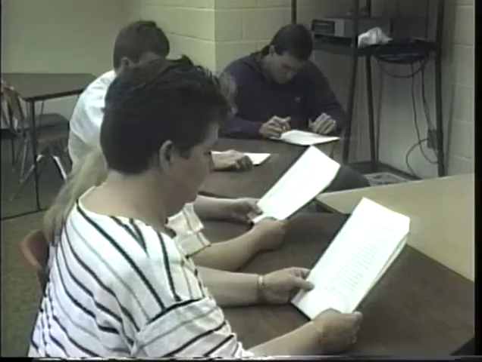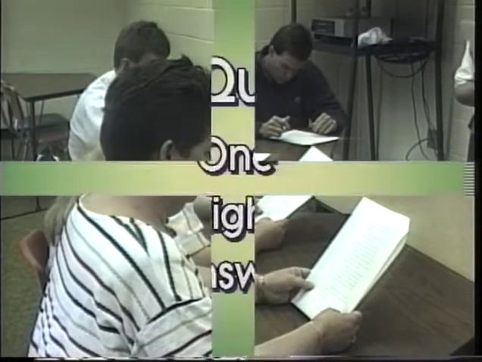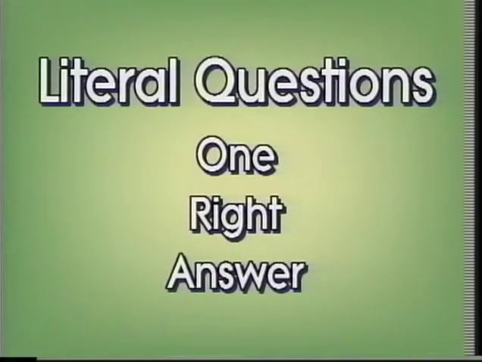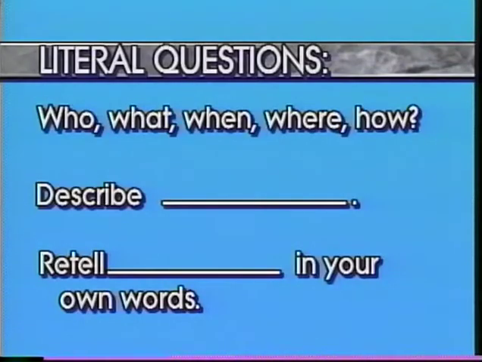By using a literal question, an instructor can check a student's memory and understanding. A literal question has one right answer, which can be verified directly from class notes or the printed page as either a right or wrong answer. Literal question examples: who, what, when, where, and how. Describe. Retell in your own words.